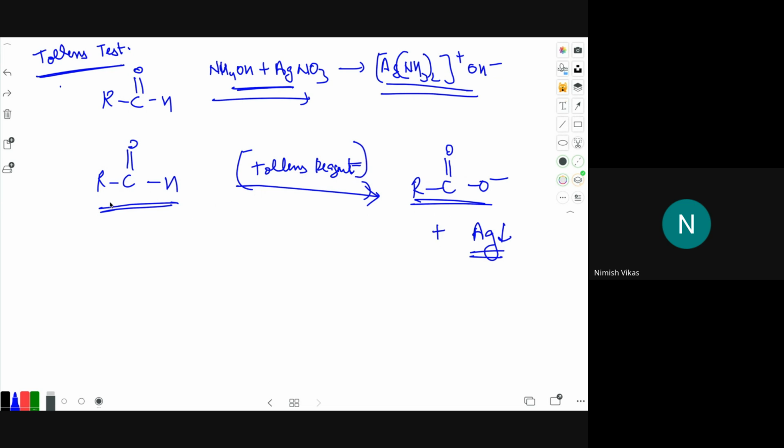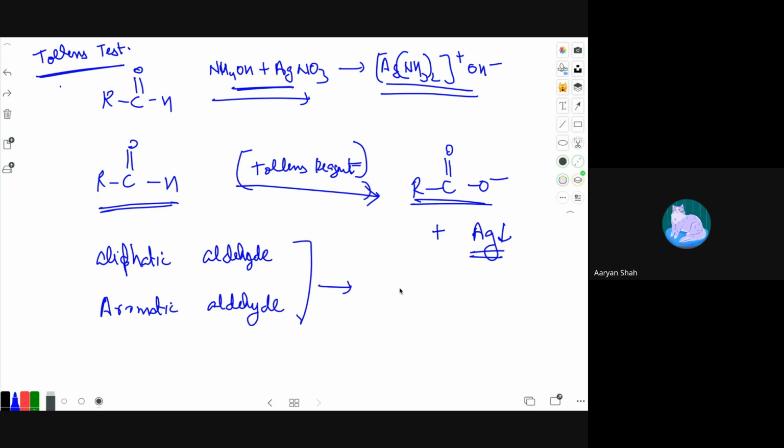It oxidizes aliphatic aldehydes to acids, and it also oxidizes aromatic aldehydes. Sir, Tollens' test and silver mirror test are the same, right? Because Tollens' test gives us the silver mirror test.